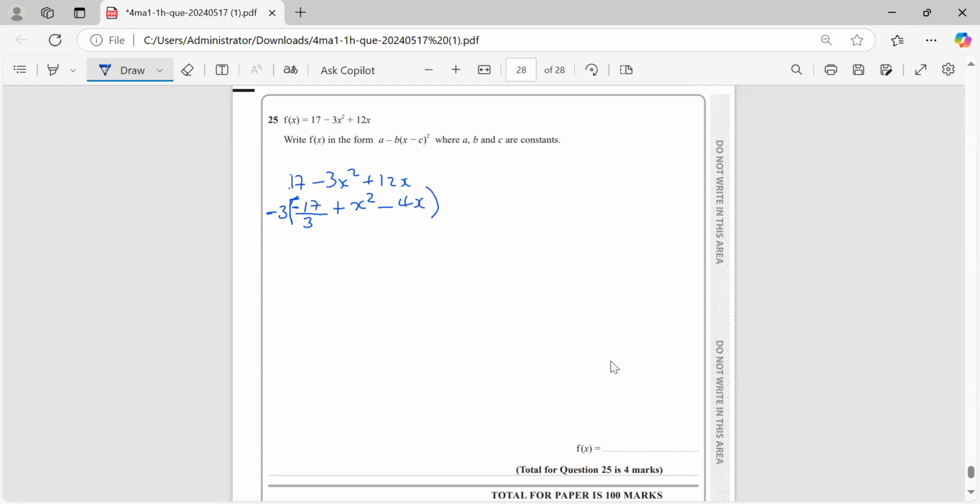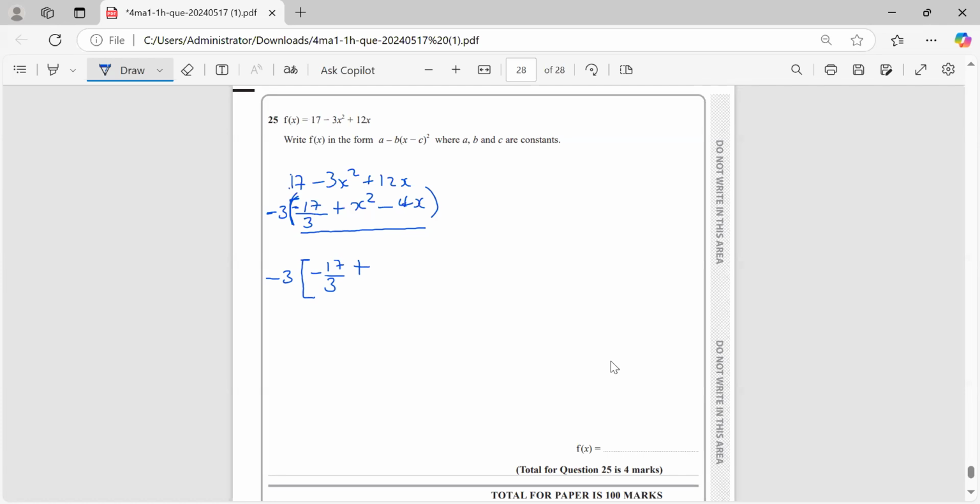So I now have this. I can now easily complete the square of the term inside the bracket because the coefficient of x squared is now 1. So I'll put a minus 3 and a square bracket, and inside there is negative 17 over 3 plus, I'm completing the square now, x squared minus 4x.